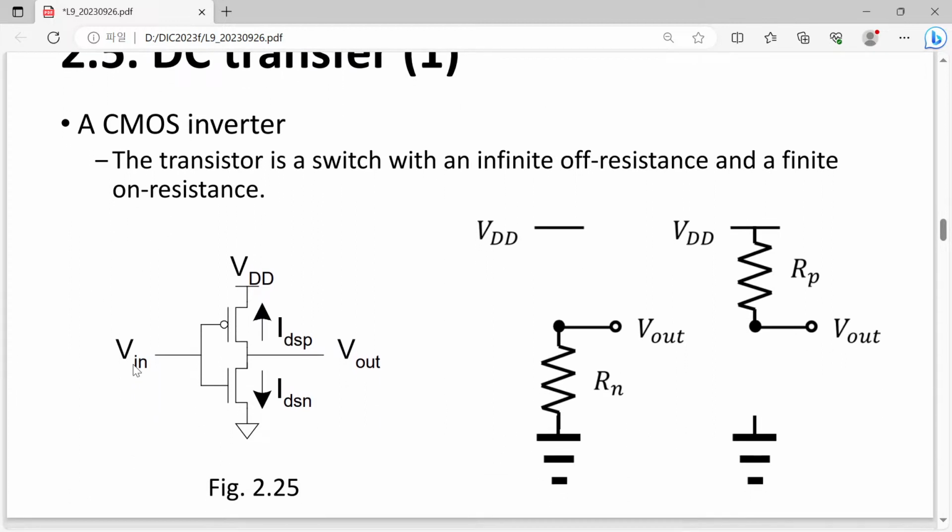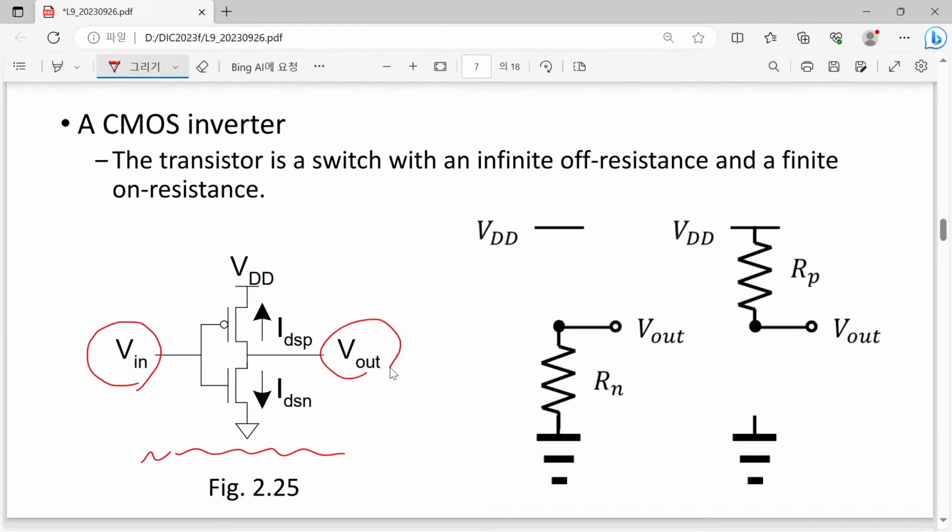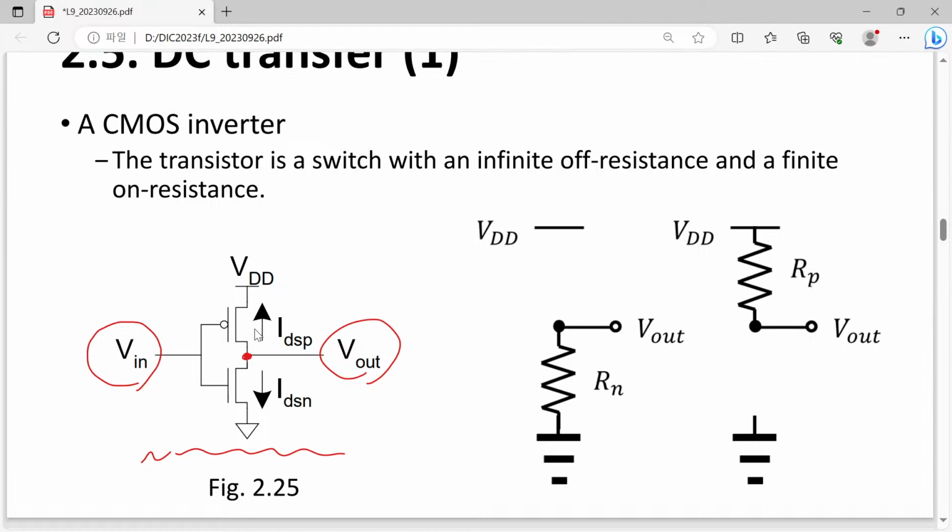Here we have a CMOS inverter schematic, with an input and output. Output is just the drain of the NMOSFET and, at the same time, the drain of the PMOSFET. So this is the PMOSFET and this is the NMOSFET, and the source of the NMOSFET is grounded and the source of our PMOSFET is connected to VDD.